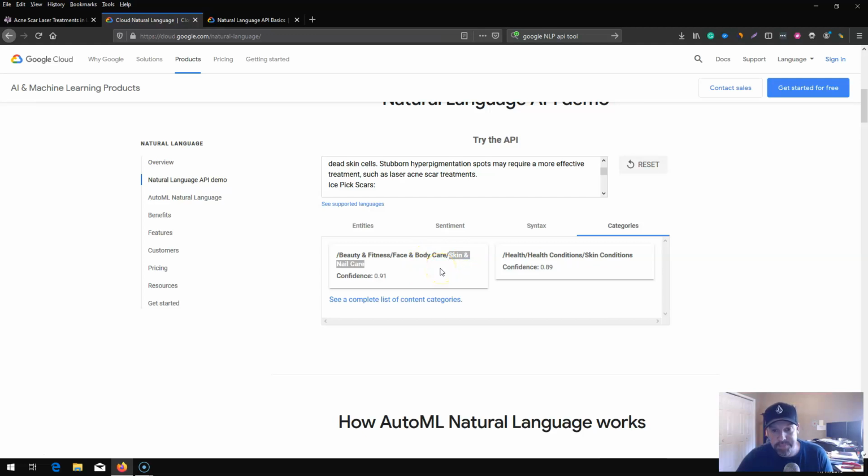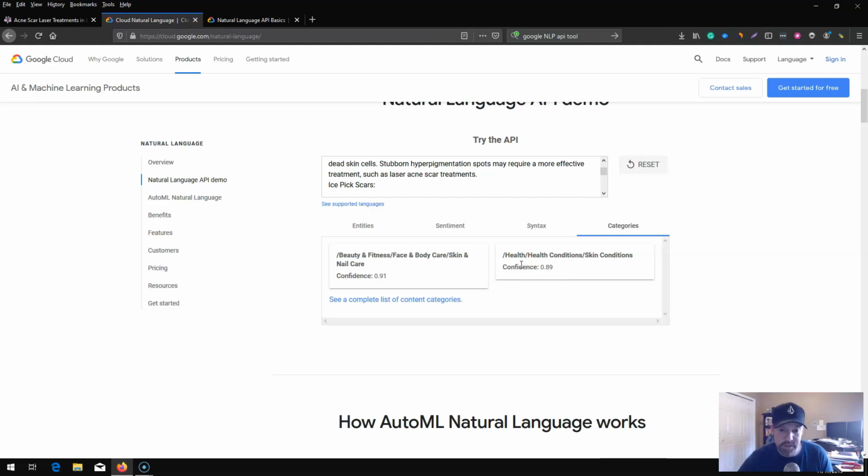So depending on how far it goes here with the subcategories, its confidence level on this is a 91, again, 1 being a perfect score. And then health conditions and skin conditions, they're fairly close. So it's kind of giving me a dual category here.